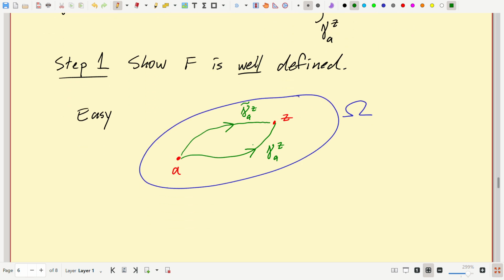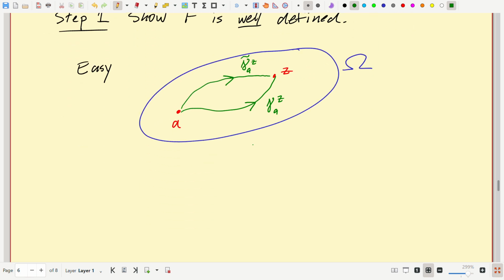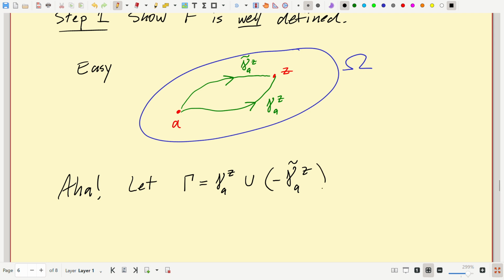I've got two curves. So the aha here is, let's let, here's my own personal notation, capital gamma, I'm going to go out by this curve, gamma A to z, and then I go back by the other curve. That's a closed curve.